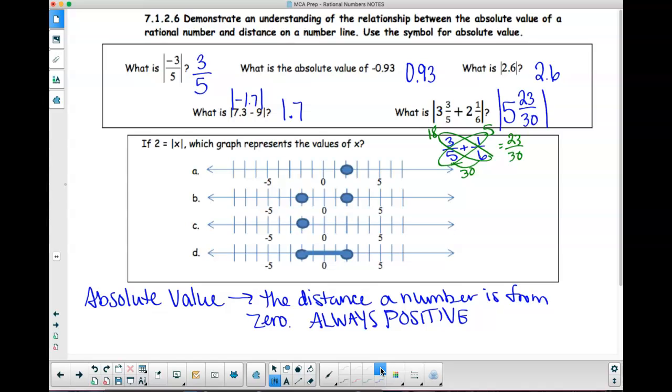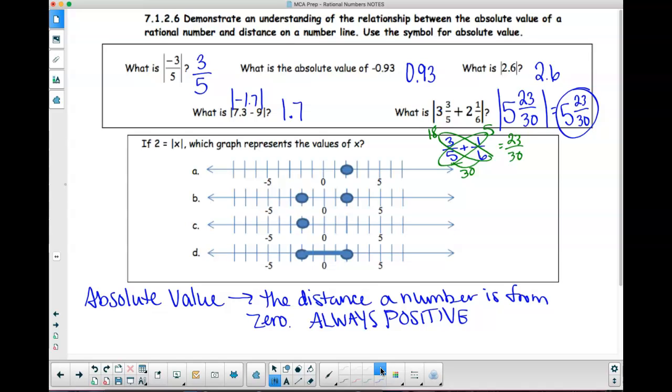What's the absolute value of 5 and 23/30? That answer, right? It's the same thing. So the absolute value of that is 5 and 23/30. I know this is a lot to remember. Okay, the last one.